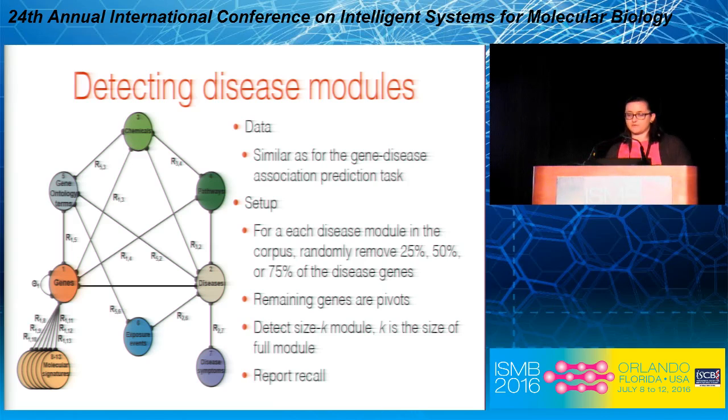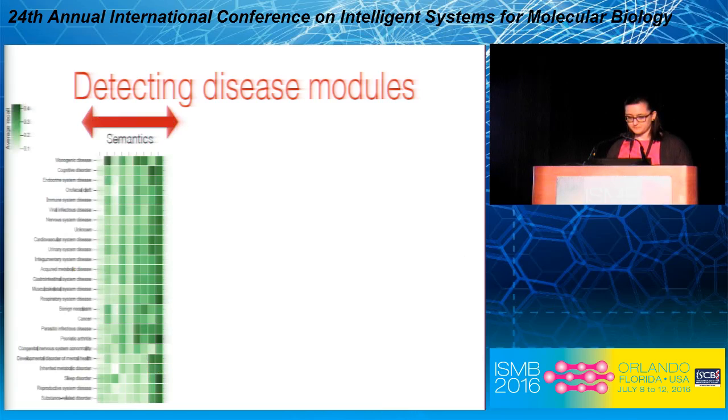In particular, for a given disease module, we randomly remove a fraction of disease genes from the module, and then use the remaining genes as pivots. And our goal is to detect size k modules where k is the size of the full module. Then we study various metrics on the results, but what I will report here are the recall values.